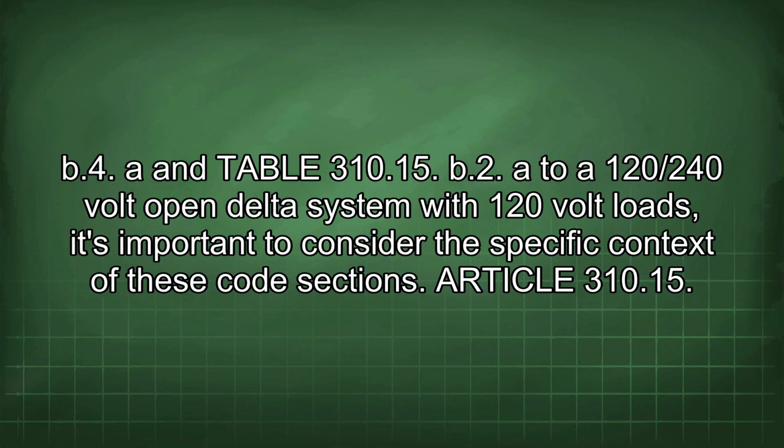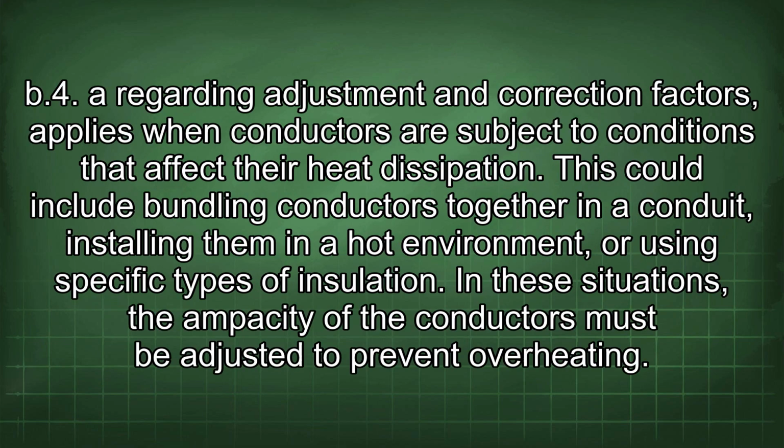Article 310.15(B)(4) regarding adjustment and correction factors applies when conductors are subject to conditions that affect their heat dissipation. This could include bundling conductors together in a conduit, installing them in a hot environment, or using specific types of insulation. In these situations, the ampacity of the conductors must be adjusted to prevent overheating.